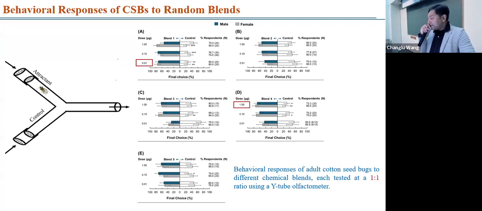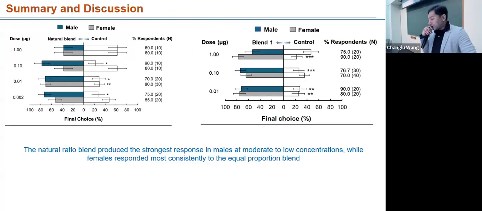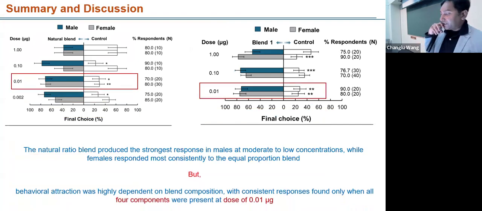In D, with another two components, we found that at one microgram they showed good efficacy. In E, we kept three compounds, but we didn't get a response. But in both the natural and the random blend, both work at that 0.01 microgram dose using these four compounds.